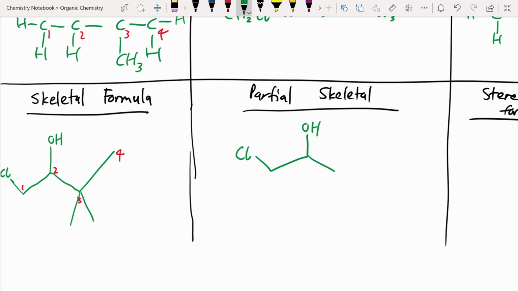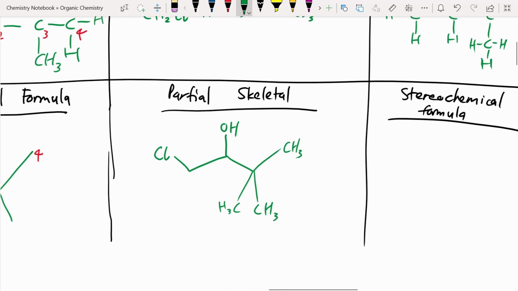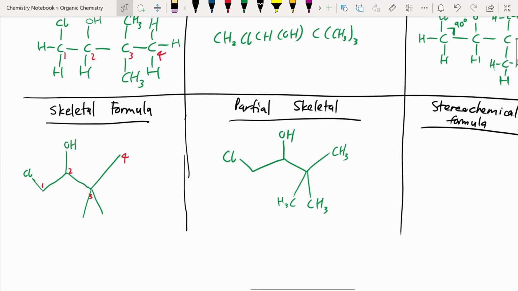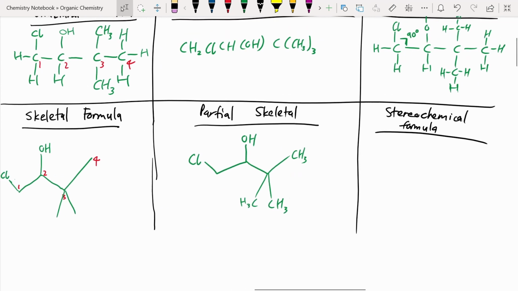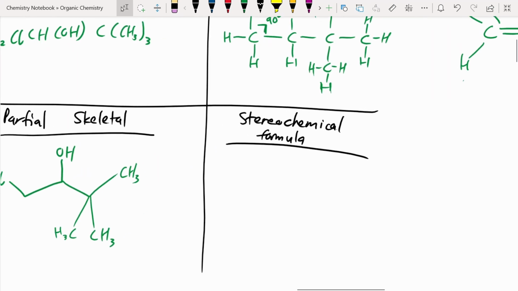So in this case, you show at the ends the methyl groups. But honestly, I would prefer to draw the skeletal formula first.